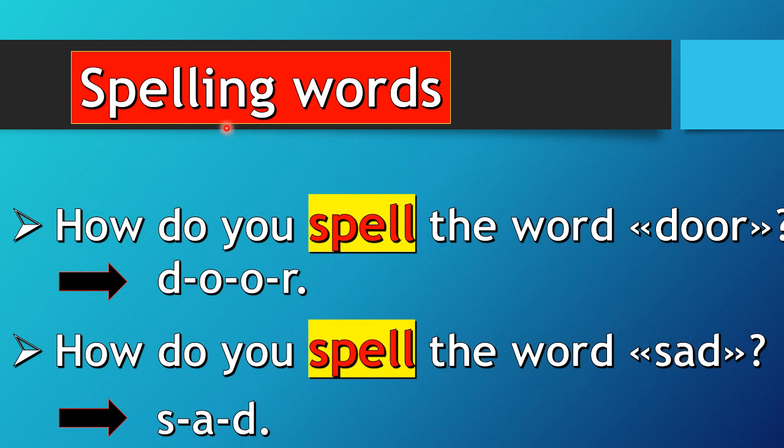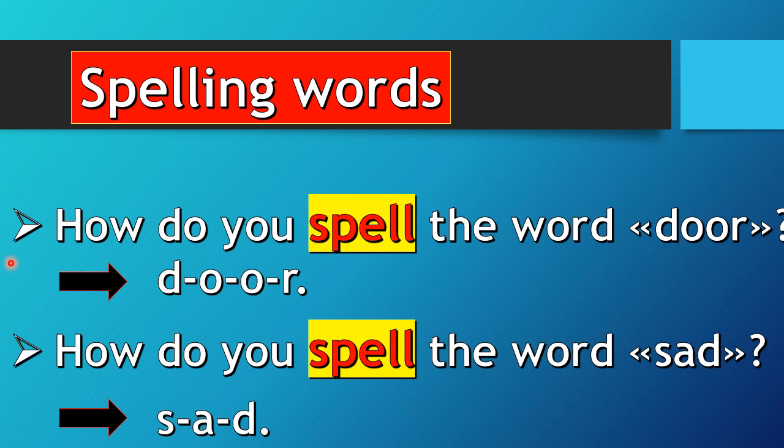What does it mean, spell? Spelling or the verb spell? Spell means to name the letters of that word. For example, how do you spell the word door?